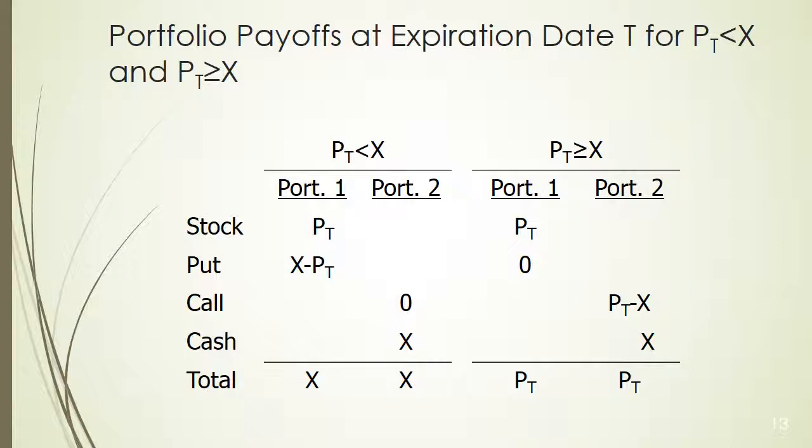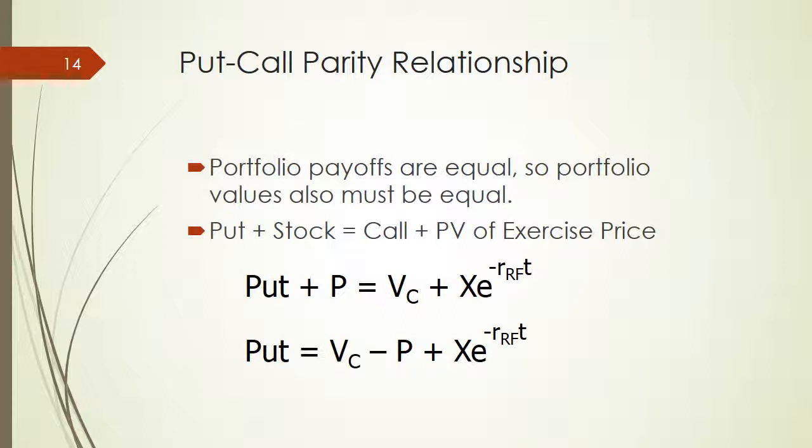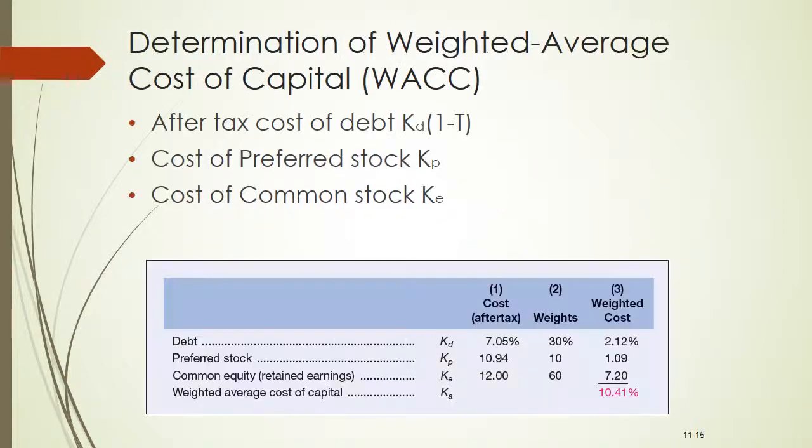If the price is less than the exercise price, the total payoff is X. If the price is greater than the exercise price, the payoff is PT. So we get the put-call parity relation: the put is equal to the call plus the present value of the exercise price minus the stock price.